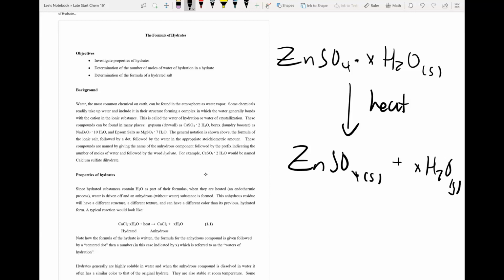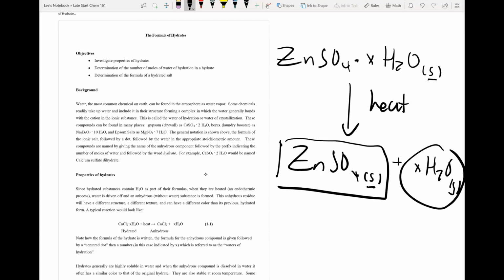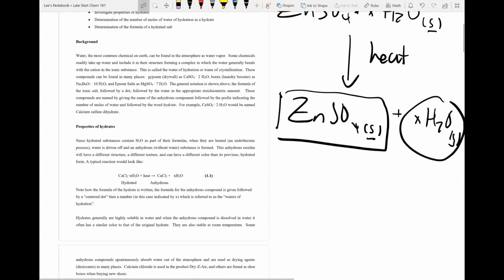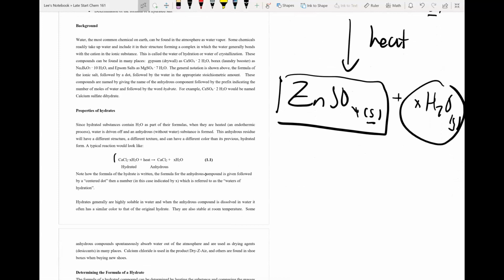So obviously our solid has lost some mass, so our anhydrous compound, this guy at the bottom here, will weigh less than our hydrate. From the difference in mass between our hydrate and our anhydrous compound, we can calculate the mass of water that was lost. That's explained in the introduction as well. Here it is in 1.1.